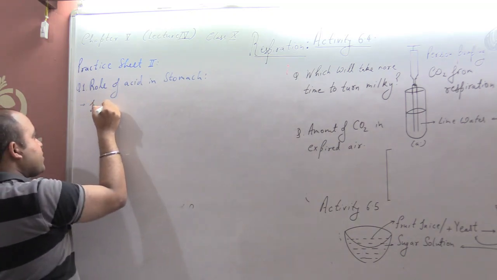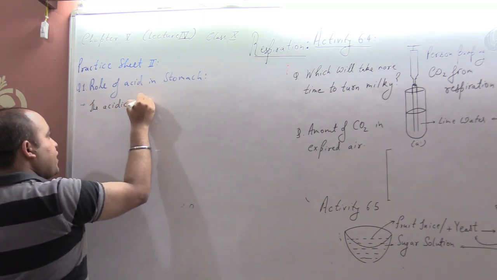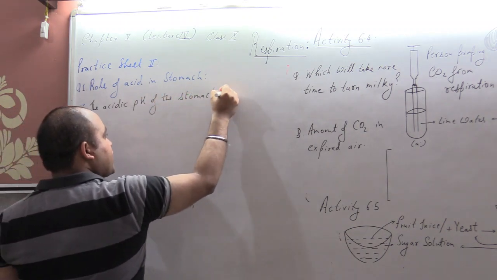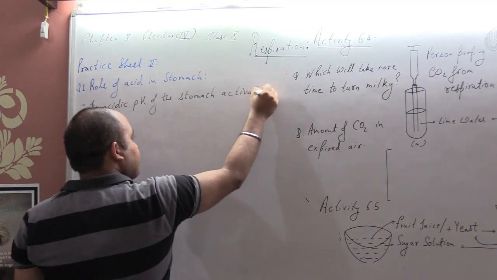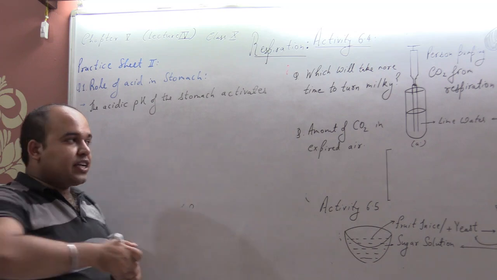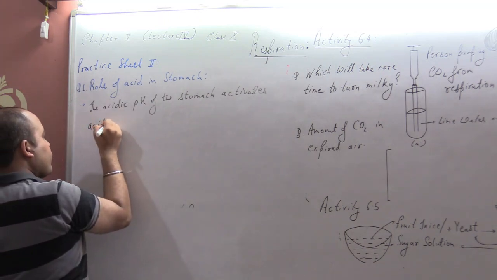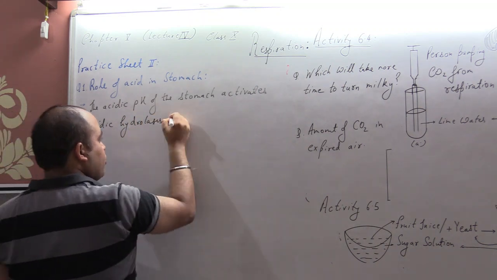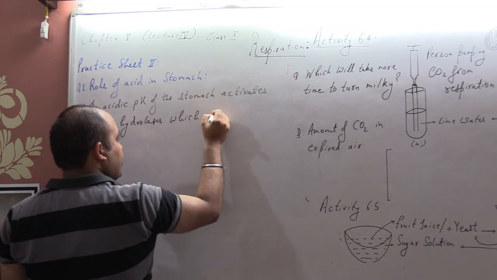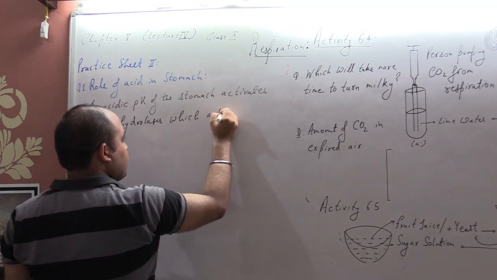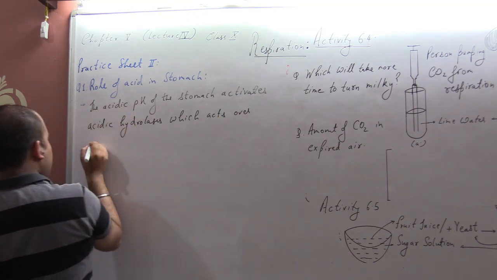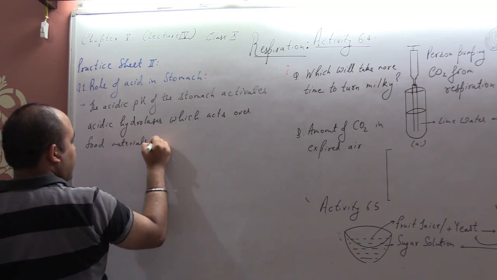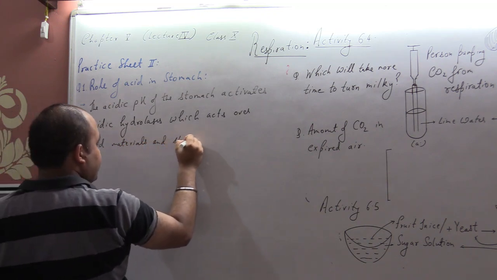The acidic pH of the stomach activates acidic hydrolases, which act over food materials and start degrading them.